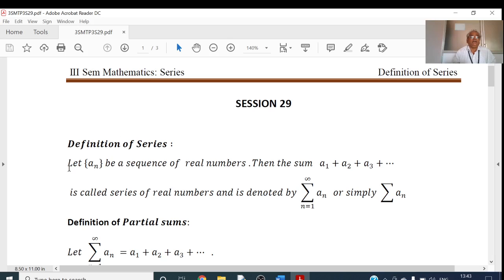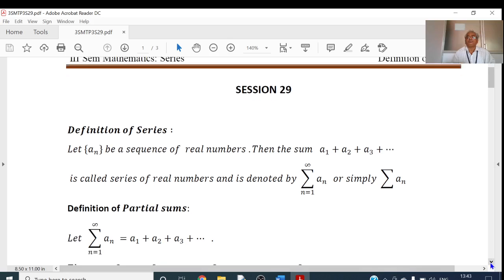Here let me consider that A_n is a sequence of real numbers. Then if I consider their sum a1 plus a2 plus a3 plus up to an and so on, it is called a series of real numbers and is usually denoted by summation of an, n from 1 to infinity, or simply sigma an.